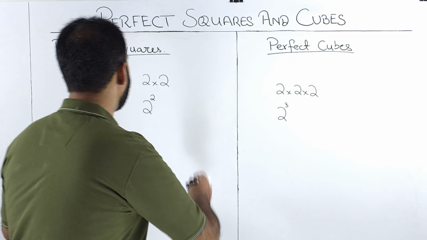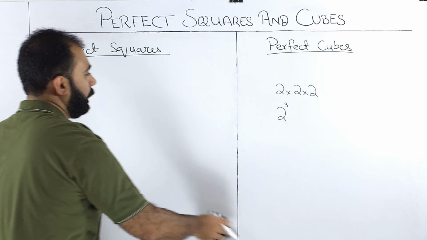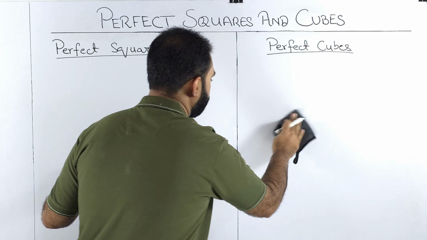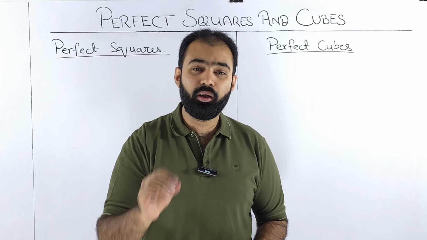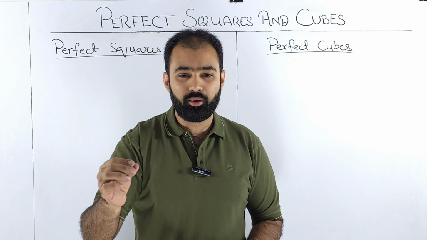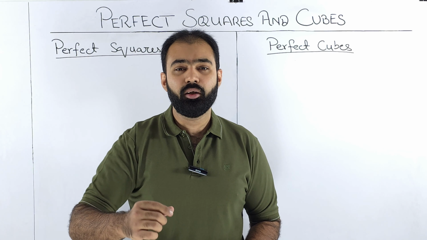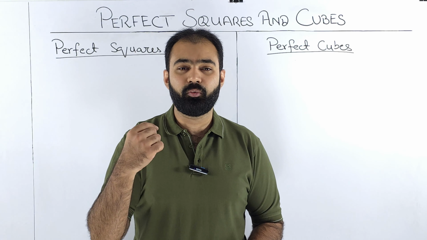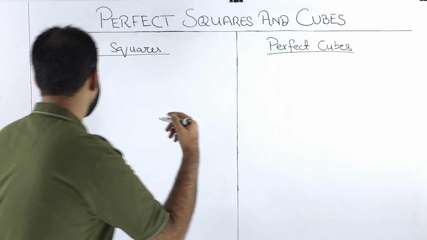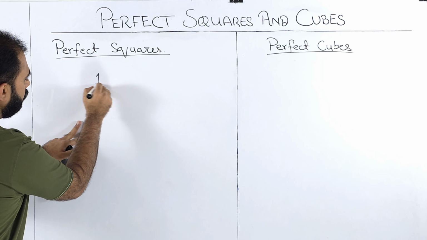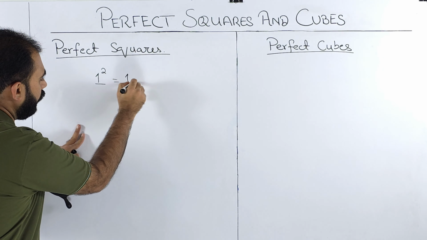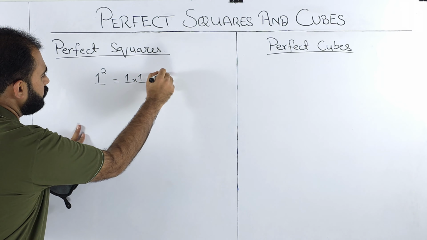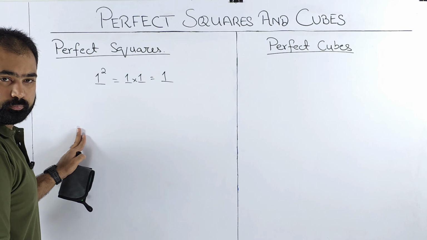Now, what is a perfect square and what is a perfect cube? It's very simple. Whenever we have a whole number and we take the square or we take the cube, we call it perfect square and perfect cube. For example, I take 1 square, a whole number, 1 multiplied with 1 gives me 1.